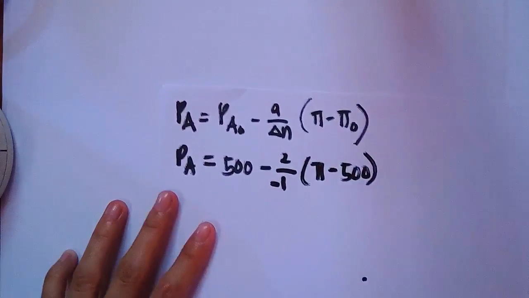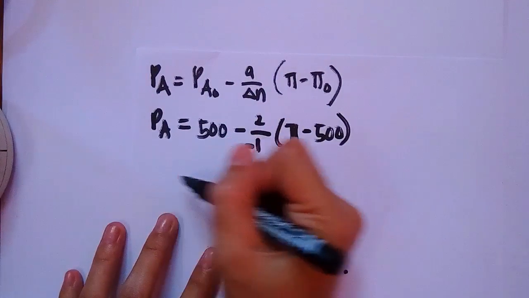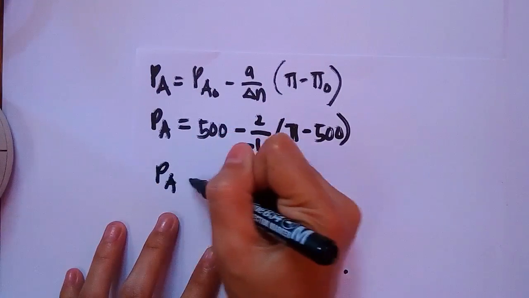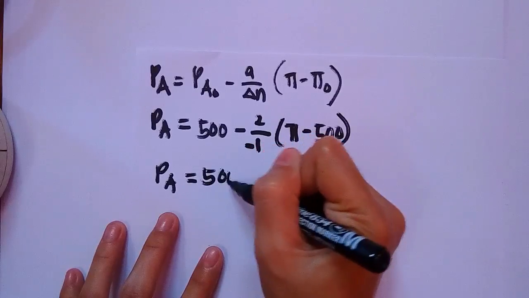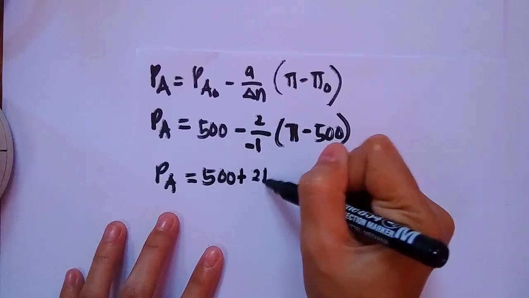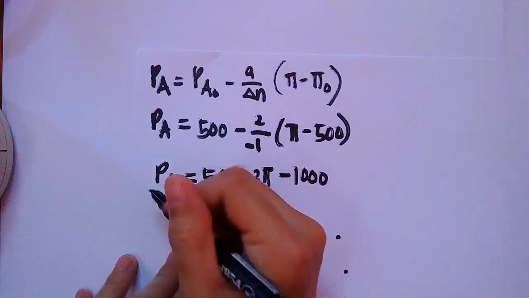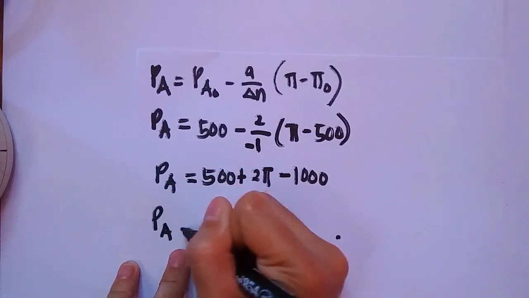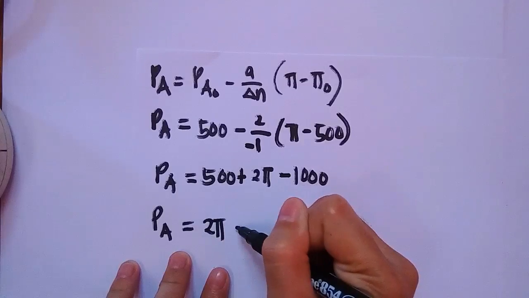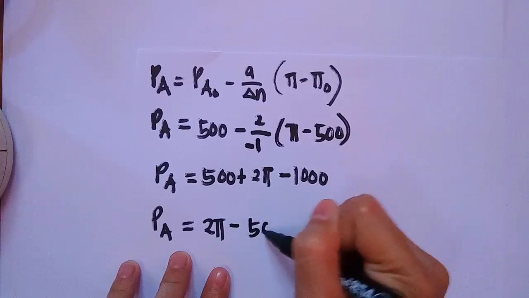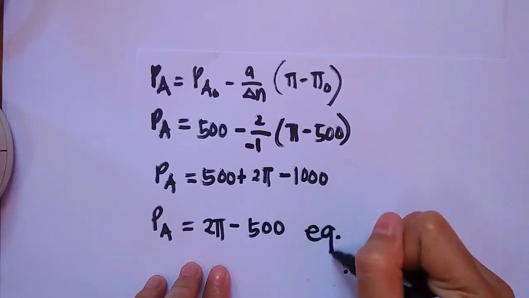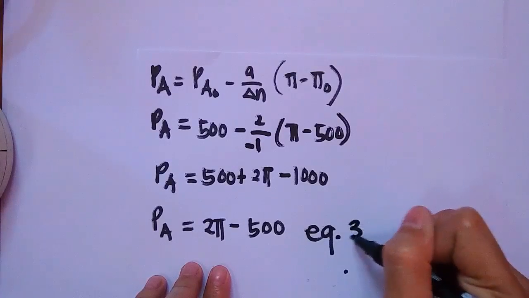So now our PA equals 500 plus 2 pi minus 1000. Our PA then becomes 2 pi minus 500. This is our equation 3.